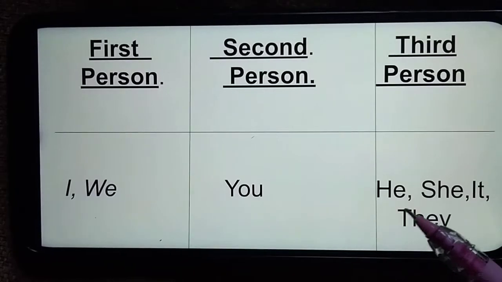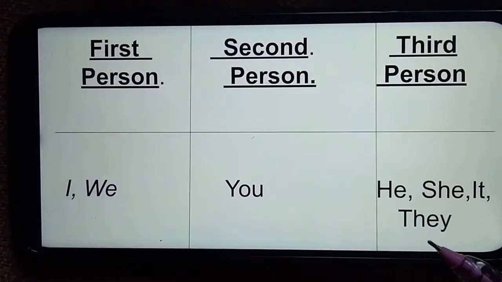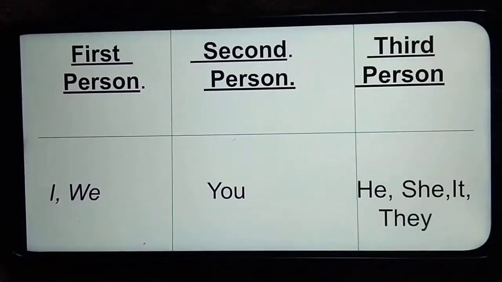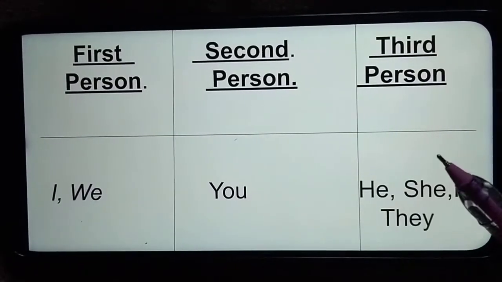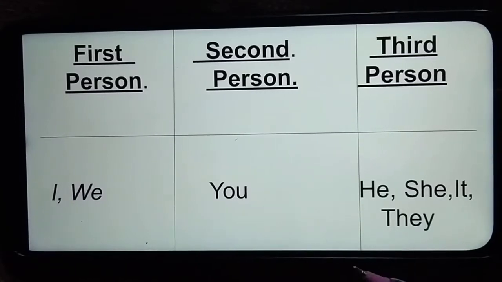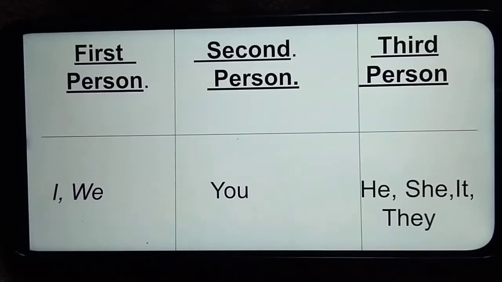Now the third person: he, she, it, and they. These are the pronouns we use for those people or things about which we talk. For example, I say Narendra Modi is the Prime Minister of our country. He is a very nice person.